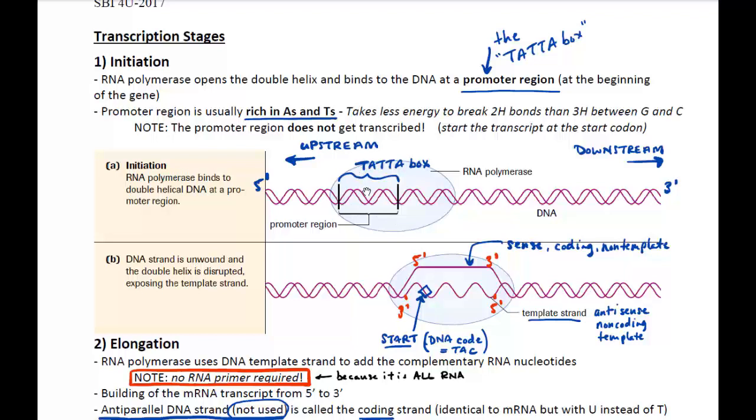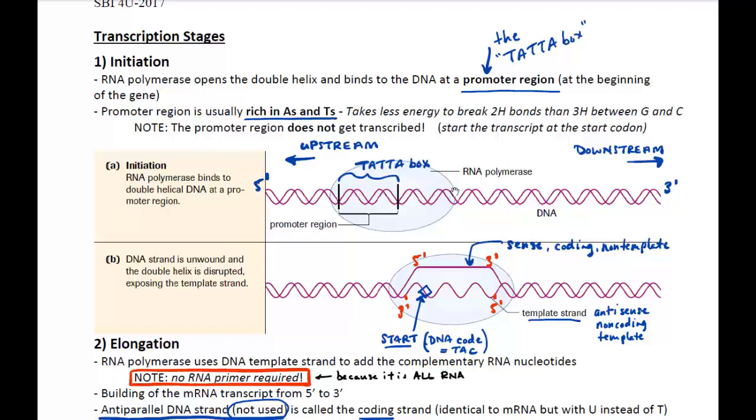But the TATA box is in a location that we call upstream. See, this is the 5' end and this is the 3' end of the coding strand, not the anticoding, but the coding strand. Upstream means to the left or to the 5' end. So you always have the promoter here because the RNA polymerase always starts on the left and then moves towards the right as it's going.